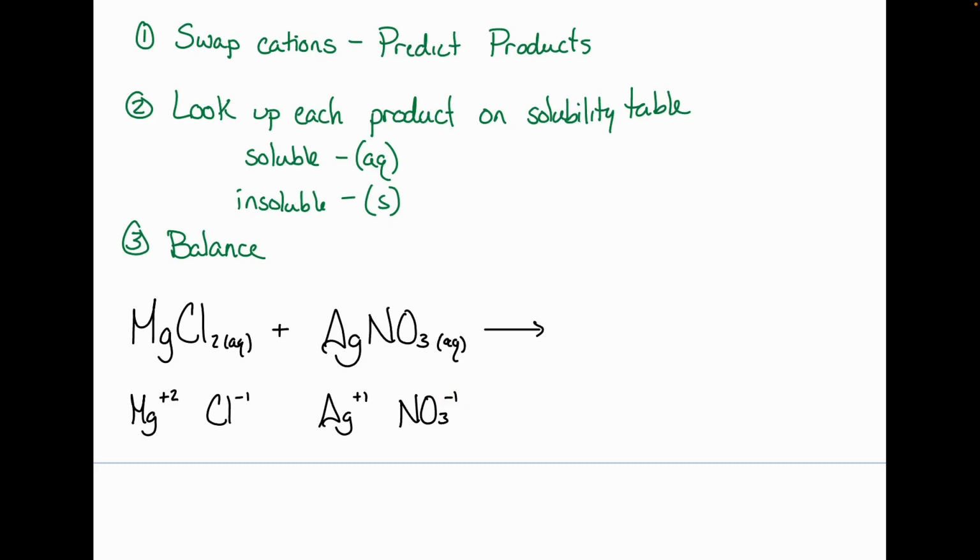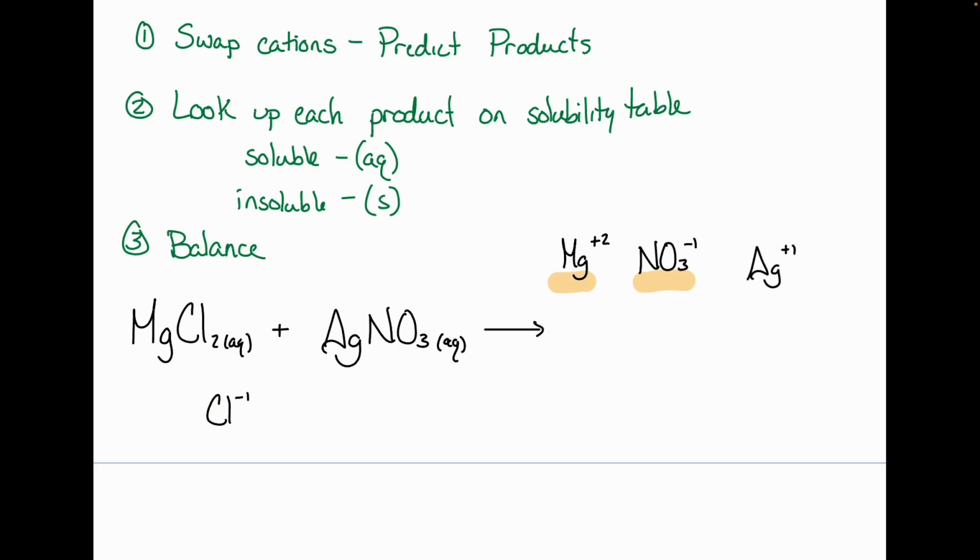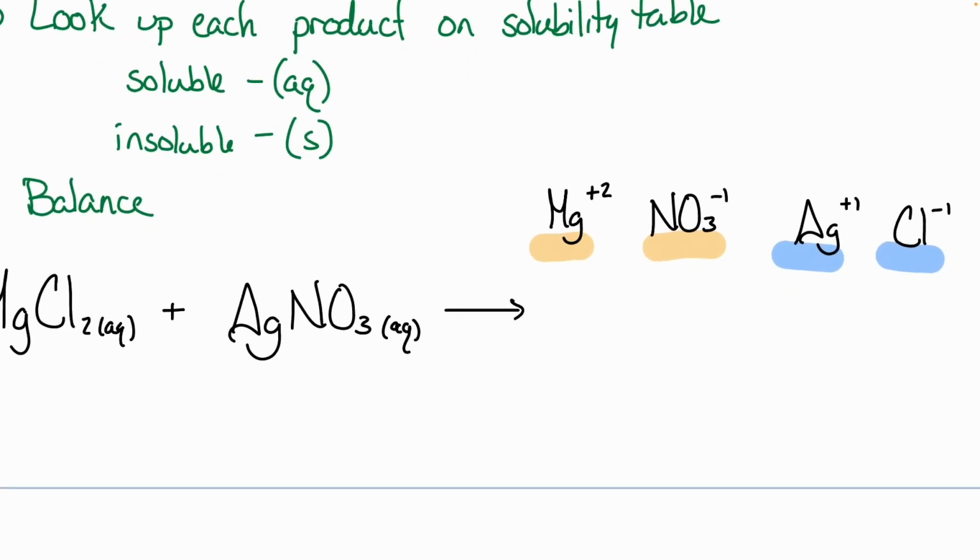All right? And now I'm going to have to swap my cations. So I'm going to pair the magnesium with the nitrate, and the silver with the chloride. All right? I'm swapping my pairs here. For my magnesium nitrate, when I do my swap here, it tells me I need 2 nitrates for every 1 magnesium.